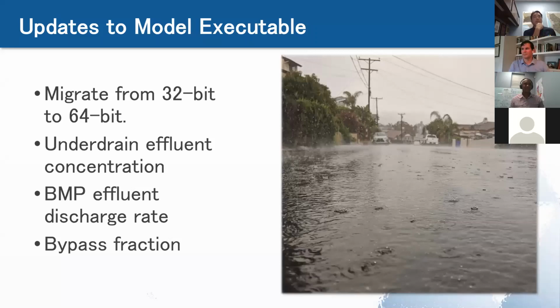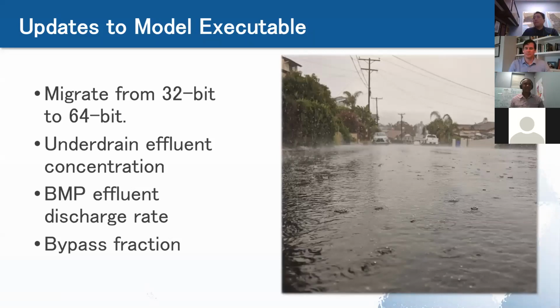If you've ever looked at data sets from the International BMP Database, those are provided in concentrations. Now those data sets can be brought into SUSTAIN and integrated to represent that level of water quality improvement.